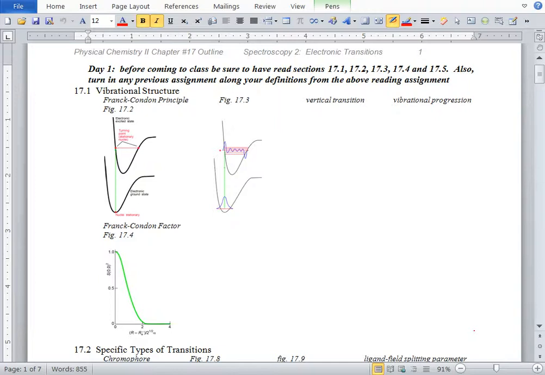So in this vibration, where's the turning point? What would you call the turning point of this vibration? Well, equilibrium, remember, is that position right there.